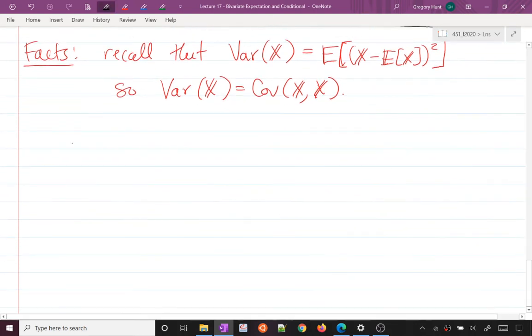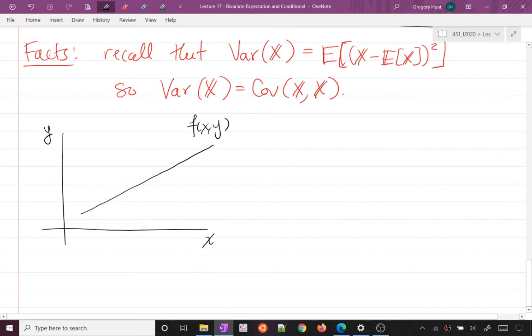The way that we can think about covariance is that if I were to look at my joint PMF or PDF, little f x,y, you can imagine that I could draw some straight line.